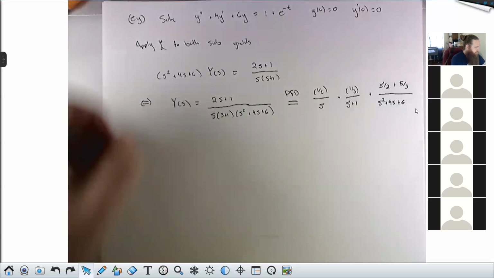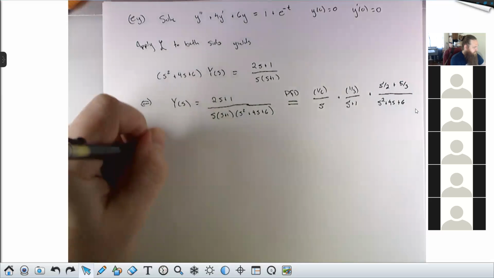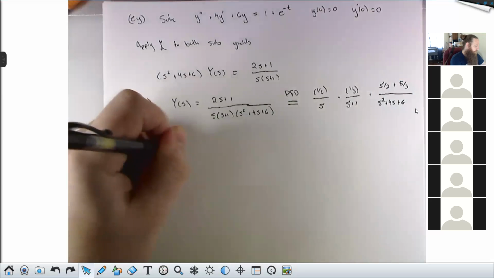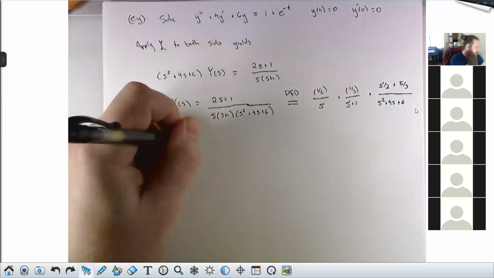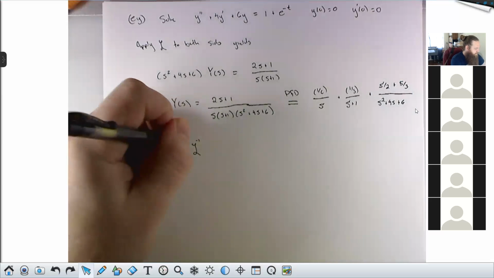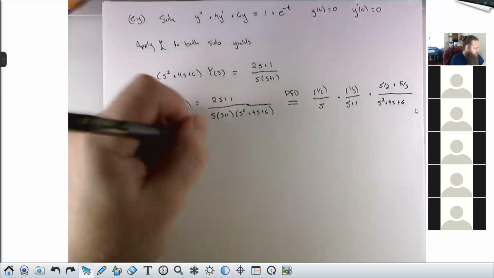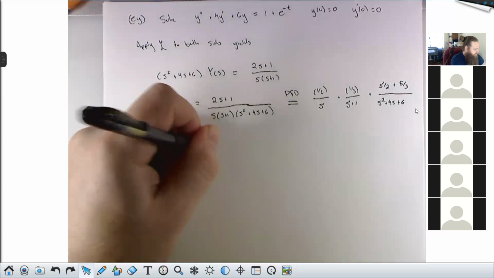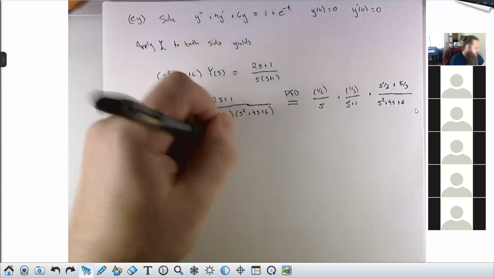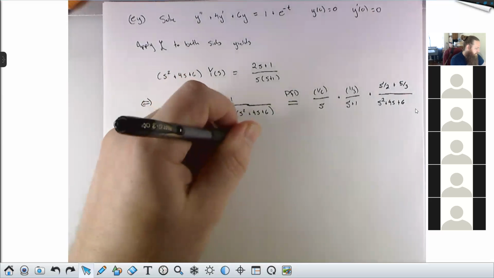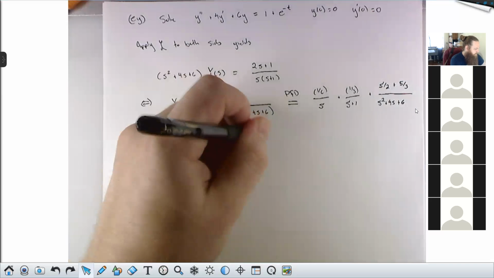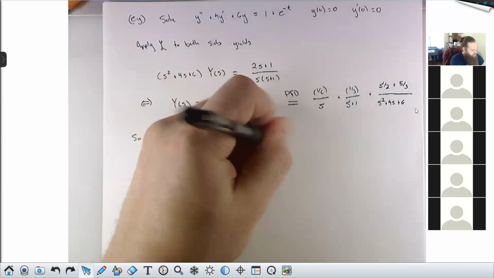So y of t is the inverse Laplace transform. Also, I'll put the 1/6 inverse Laplace transform of 1 over s plus 1/3 inverse Laplace transform of 1 over s plus 1.